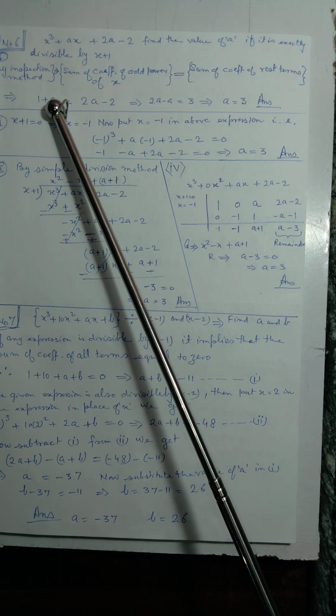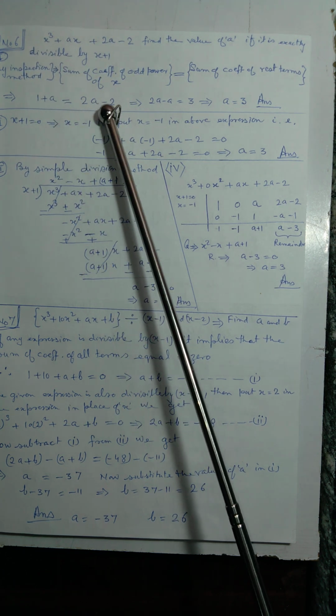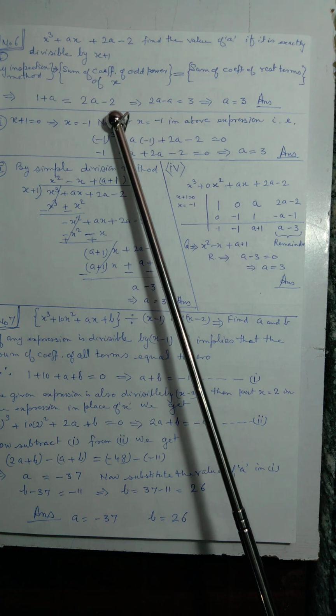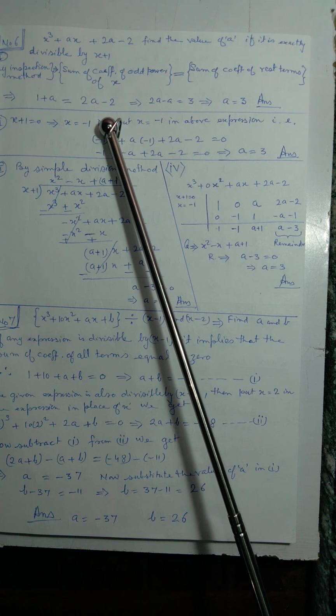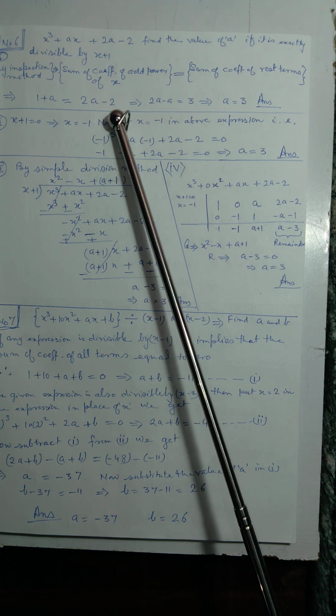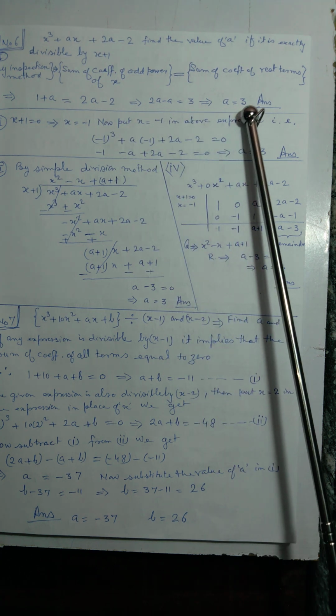That is also an odd power. So 1 plus a should be equal to 2a minus 2. So solve it, you will get a is equal to 3. This is the answer.